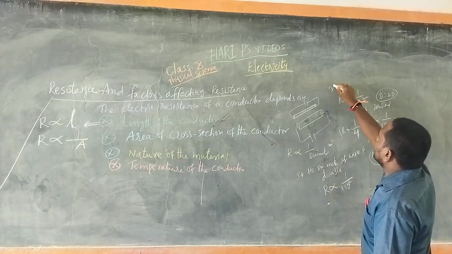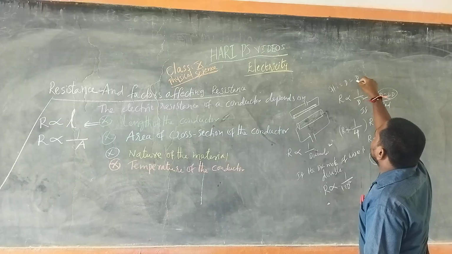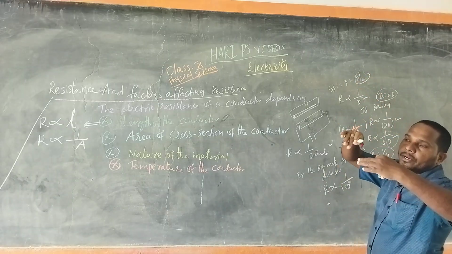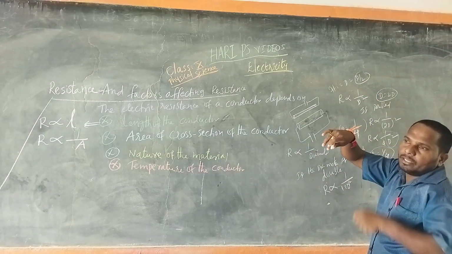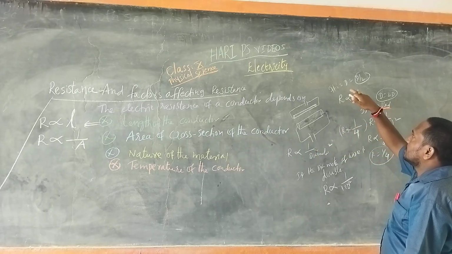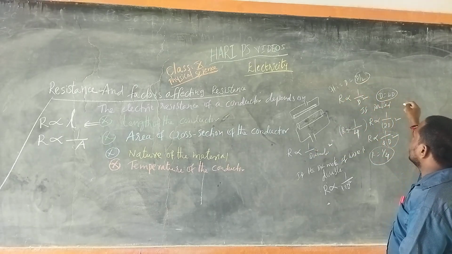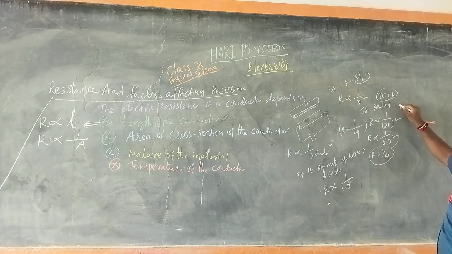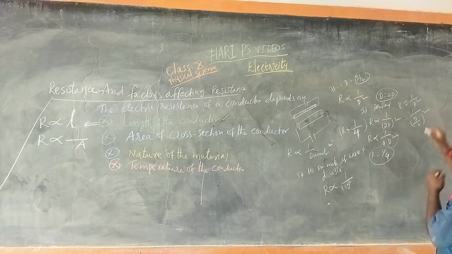If d is equal to d by 2, we can reduce the diameter. Then the diameter is equal to d by 2. So we can write R is equal to, for example, 1 by d square, so 1 by d by 2 whole square.